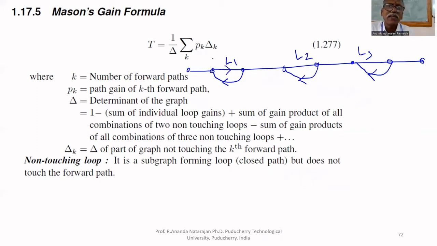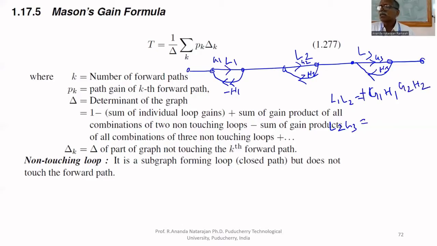Suppose the gains of these loops are G1, H1 for L1, G2, H2, minus H2, G3, H3. For example, the second term you will get: L1, L2 equals G1, H1, G2, H2, plus, because both are minus, that's why it becomes plus. If you consider L2 and L3, you will get G2, G3, H2, H3.